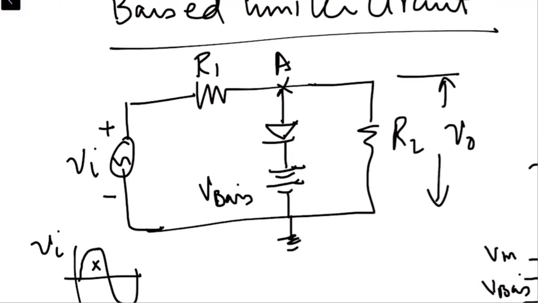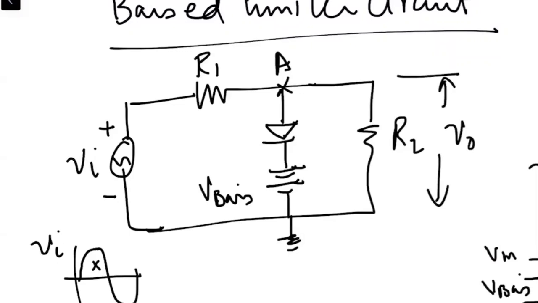Once the input voltage reaches the value equal to V bias, at that very moment, when we are considering the diode as an ideal diode, the net drop across the diode will become equal to 0, right? And once the net drop across the diode becomes equal to 0, the diode will have a transition from the off state to the on state.